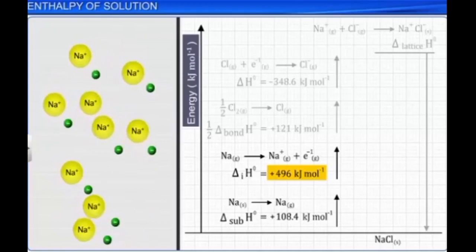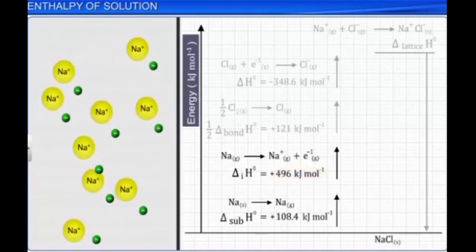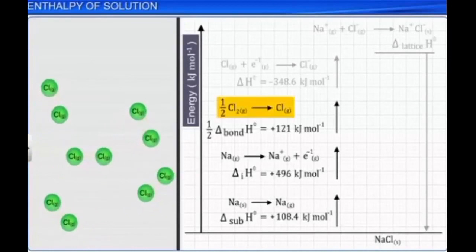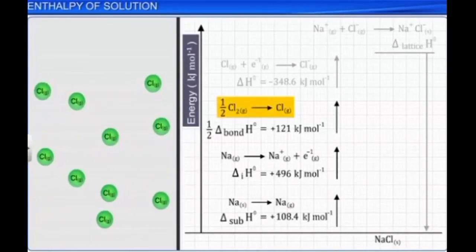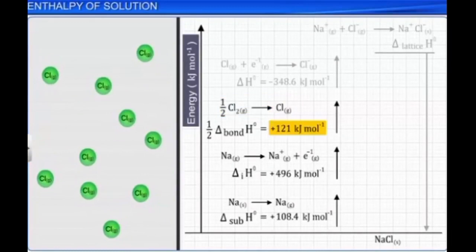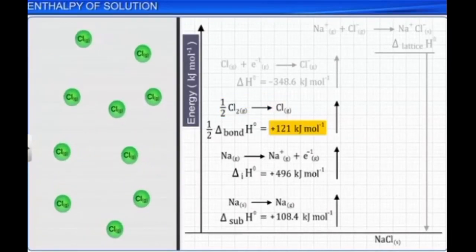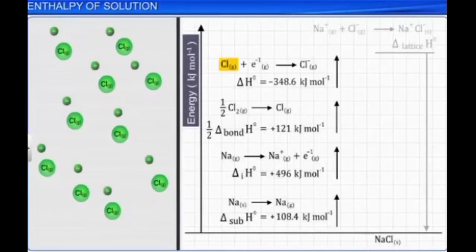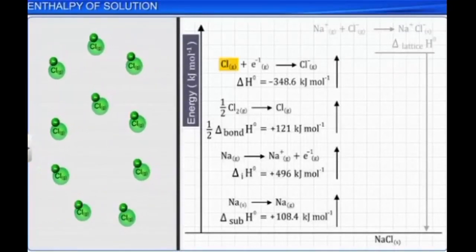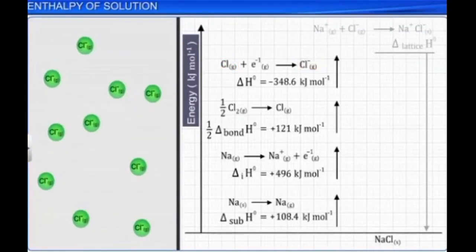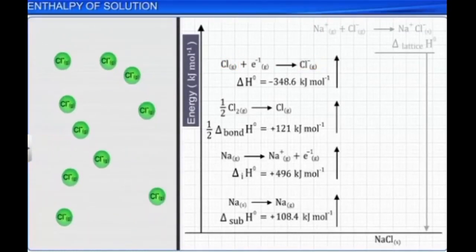Similarly, the dissociation of chlorine takes place, and the enthalpy of dissociation is plus 121 kilojoules per mole. This is followed by chlorine atoms changing into chloride ions. Chlorine gains an electron, and the electron gain enthalpy is minus 348.6 kilojoules per mole.